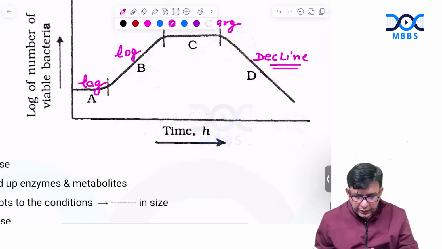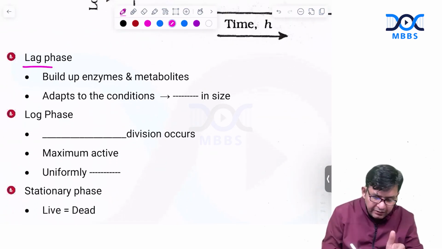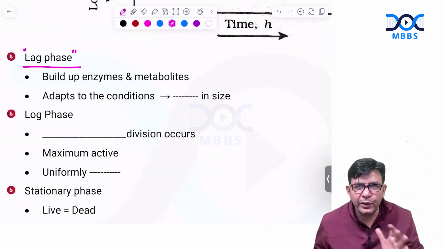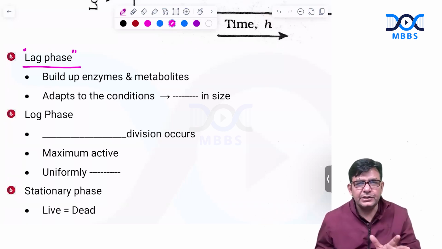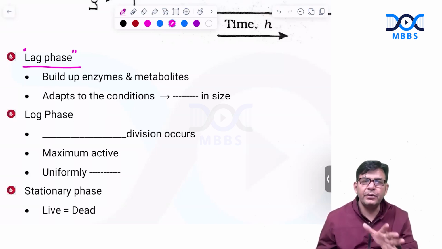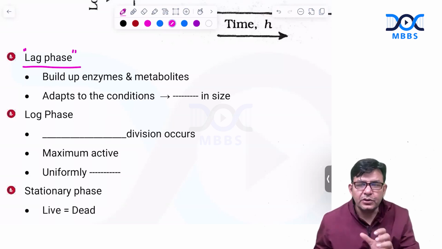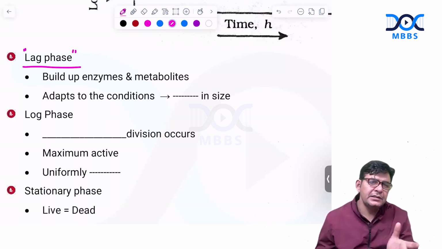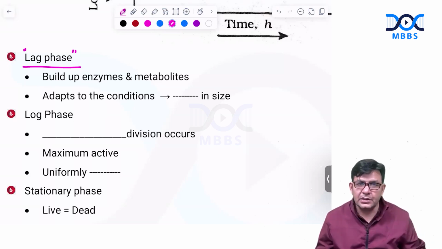Is it fine? So if we talk about the lag phase first. In this lag phase, guys, now you're in second year, you have to think of your first year. When you came for the first time to the medical college and you are not a day scholar, your hometown is at a distance from the medical college, so basically you reside in the hostel.